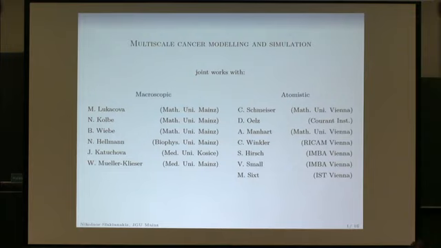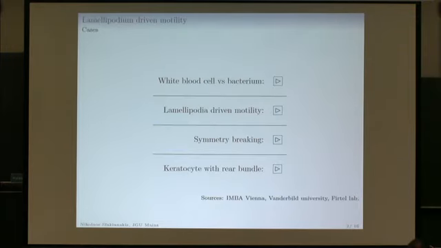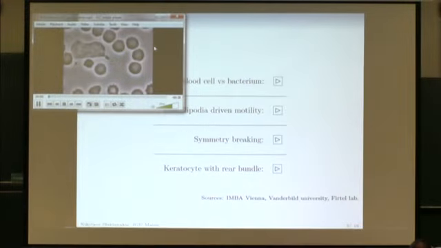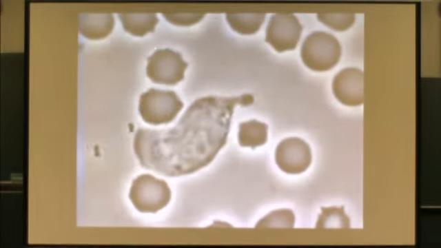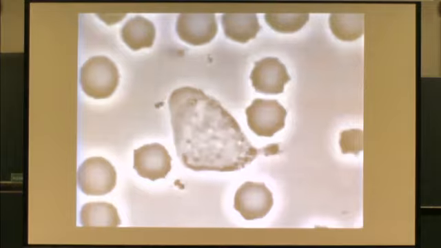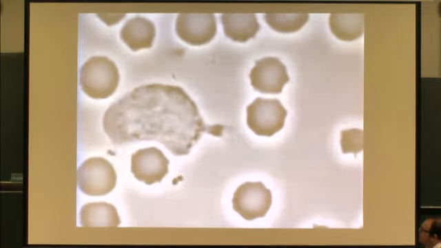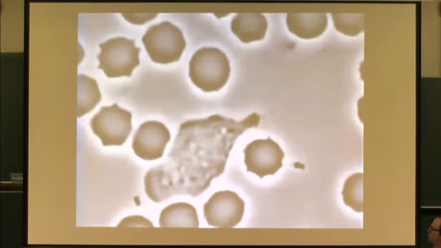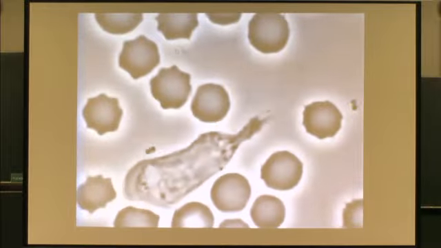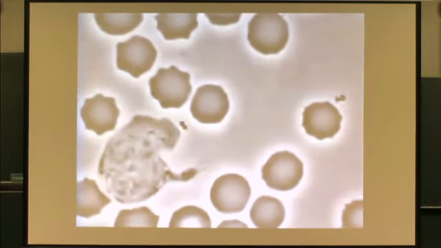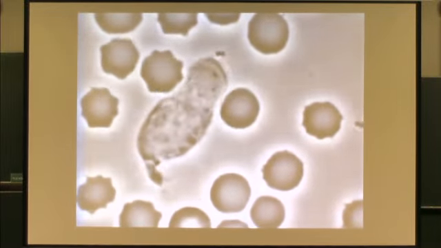So, as I said, let me take it from the beginning. What type of motility are we interested in? In this experiment, you see a white blood cell chasing a black bacterium. It's black because it's there in between red blood cells.